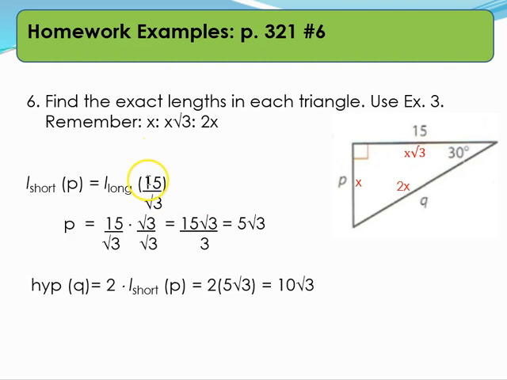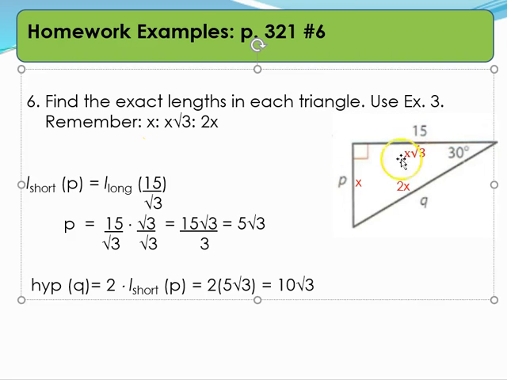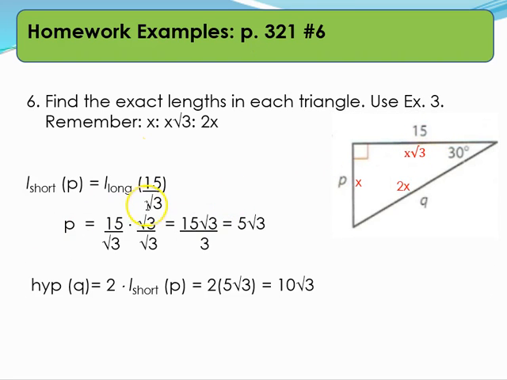So it will be 15 divided by square root of 3. Remember, it's not 15 times square root of 3. To get from the long leg to the short leg, we have to divide by square root of 3.